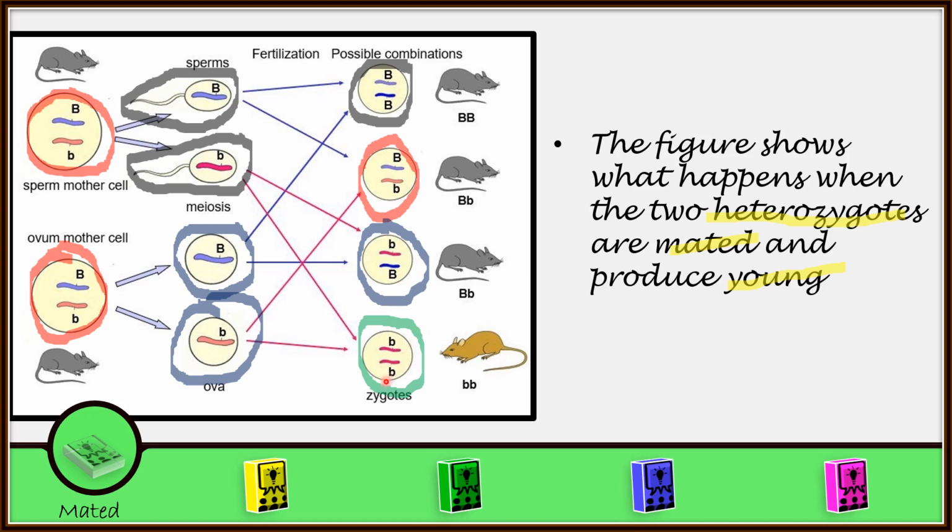They have the same effect on the offspring, giving instructions that the offspring should be brown in color. So this one is going to give us a brown coated mouse. Those are the possible offspring we are likely to get when we have two heterozygotes being mated together.